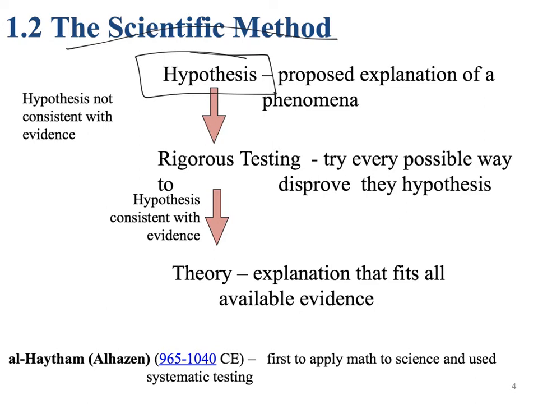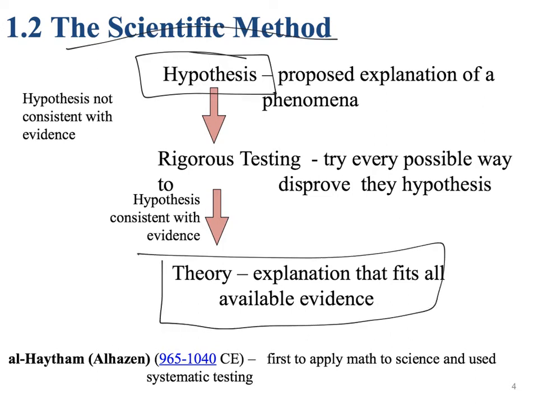Well, we test this as many times as possible and try every possible way to prove the hypothesis wrong. If this hypothesis is constantly proven right, then we have arrived at what is called a theory. A theory is an explanation that fits all available evidence.